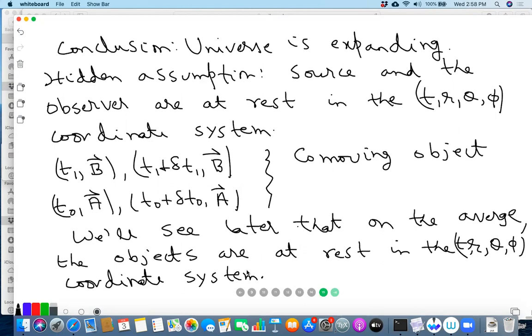Other than that, you have to take this as the definition of cosmic time: a time coordinate such that at a given time slice, the universe looks homogeneous and isotropic.